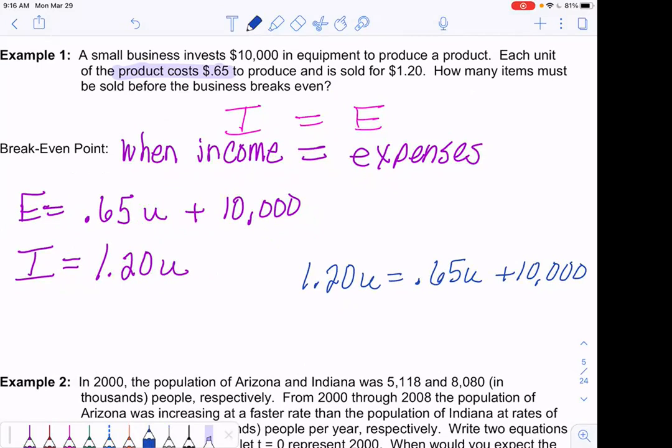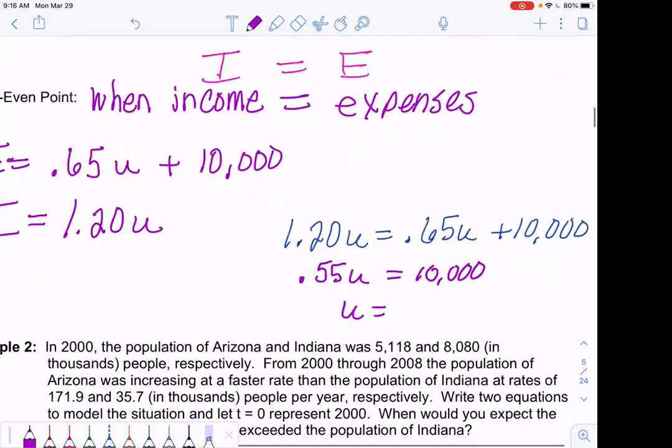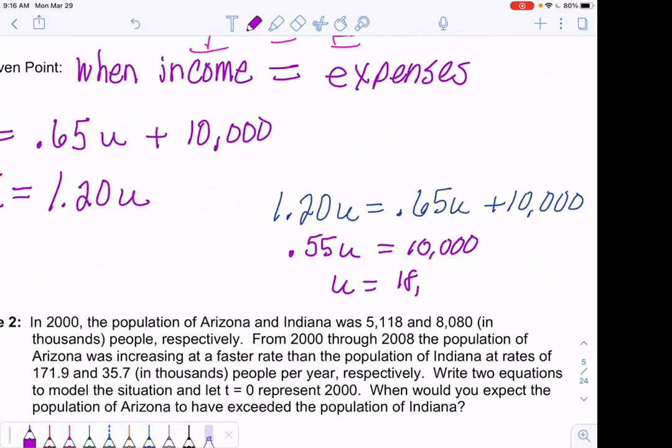So if I subtract 0.65 from 1.20, Peter, you get. And when you divide, you end up. You said 181. Is that what you said? 18,181.